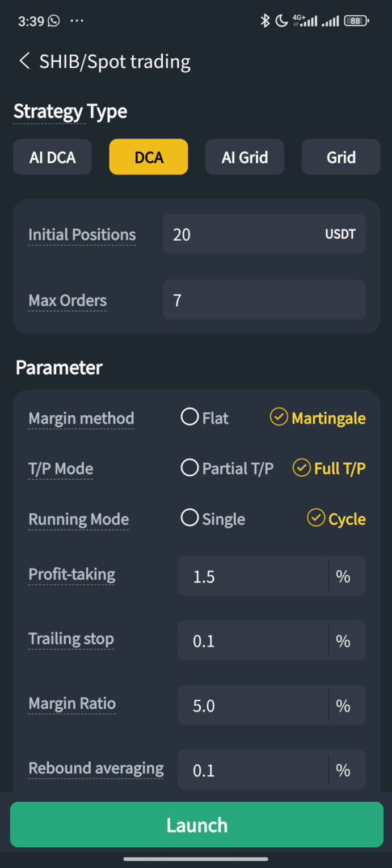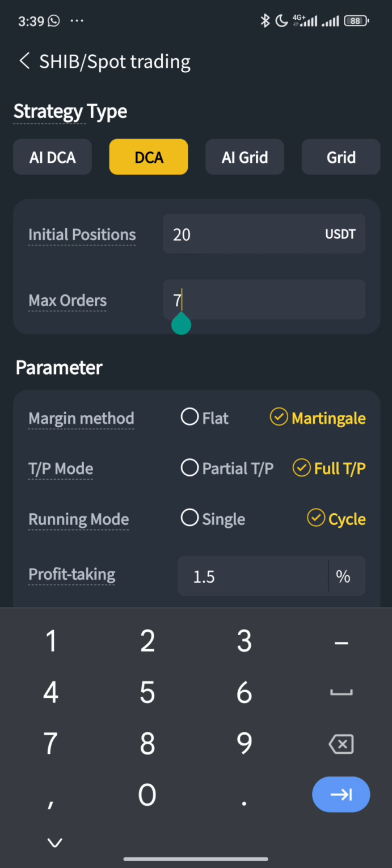So now, in this example, we're going to be using $100, where you can spread your money amongst the orders. For $100, you want to start with a 20, and your max order could be between 3 or 5. In this example, I want to use 3 for a market that is very uncertain. So now pay close attention.